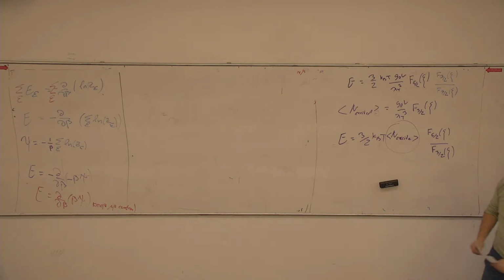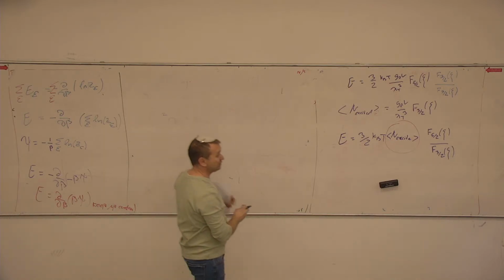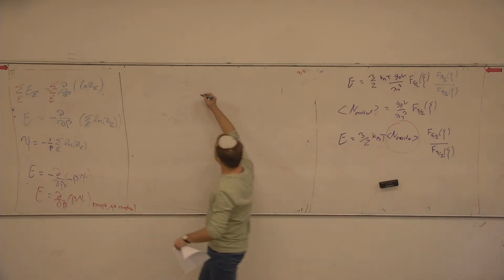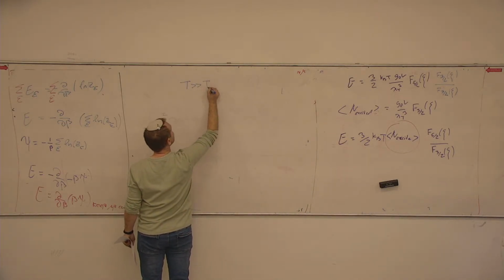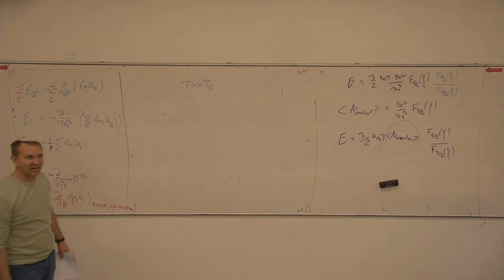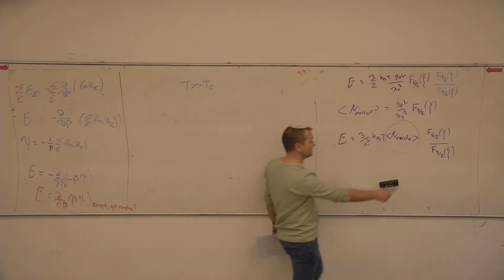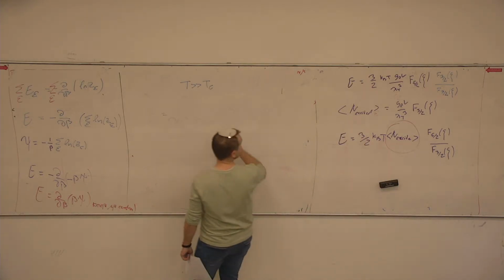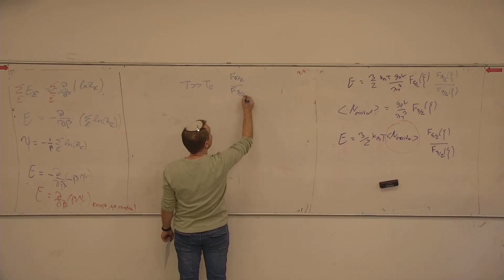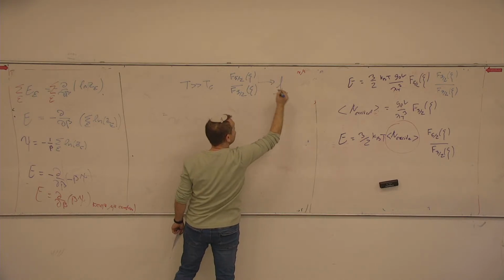So first of all, I won't show it because I don't have time, but I will just tell you that when T is larger than Tc, what we expect at high temperatures, classical limit. In the high temperature limit, when you take those guys, you do it properly, f_{5/2} over f_{3/2} goes to 1.